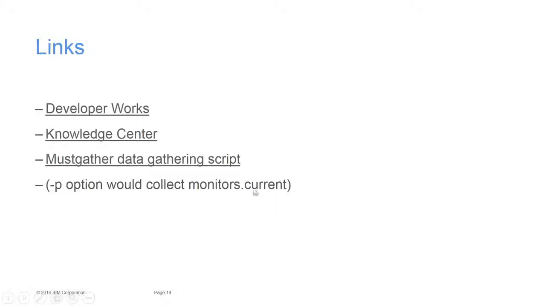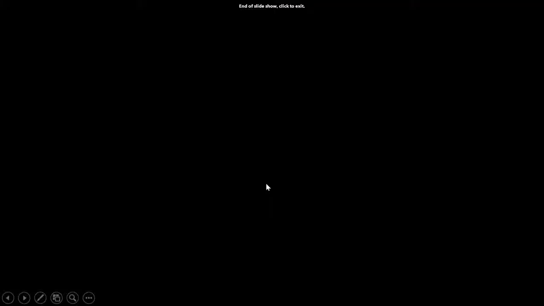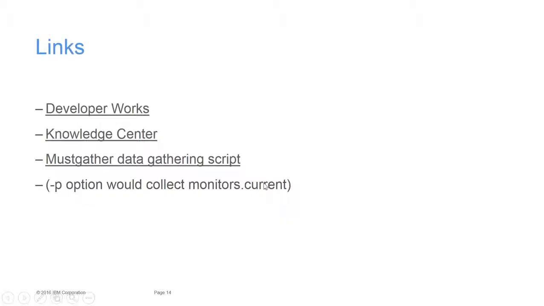It does collect the monitors.current. So if you couldn't figure this out by putting a couple of IP addresses into the file, then you might have to do the MustGather and open a PMR for this.